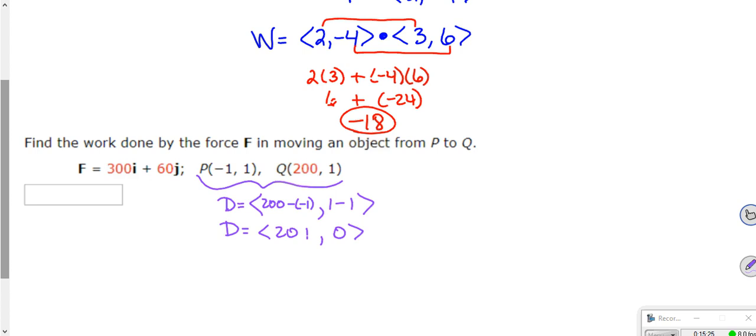Okay, my force vector, of course, I'm just going to rewrite it, is 300, comma, 60. Again, whether you use brackets, whether you use IJ, it really doesn't matter. So your work, again, is the dot product of 300, comma, 60 times 201, comma, 0.